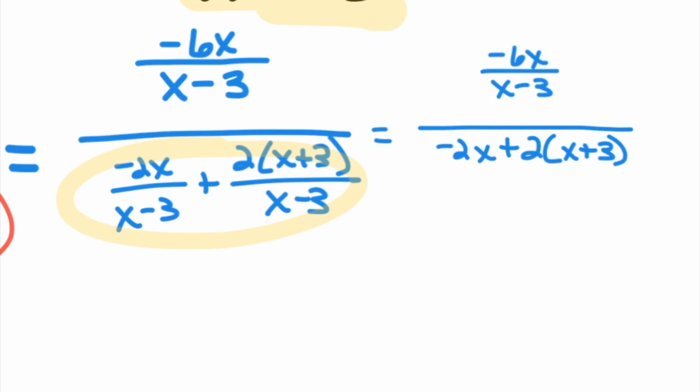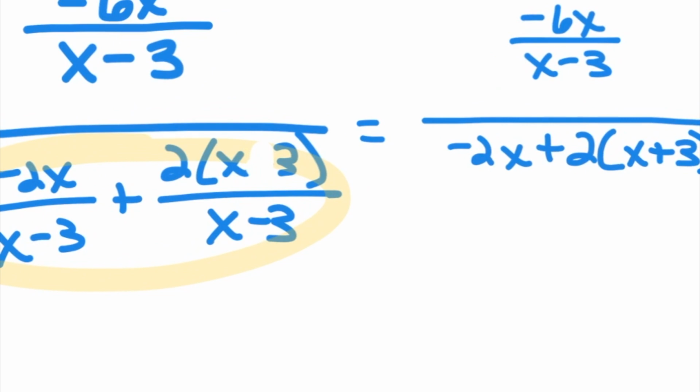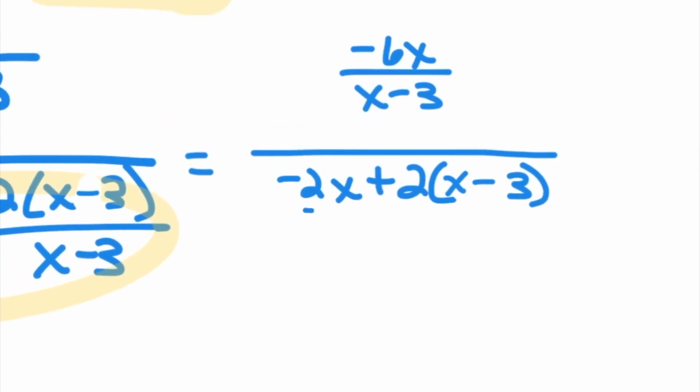Excuse me while I fix this. My apologies. This is a minus here, and therefore it's also a minus over here. x minus 3. And that whole thing over that common denominator, x minus 3.